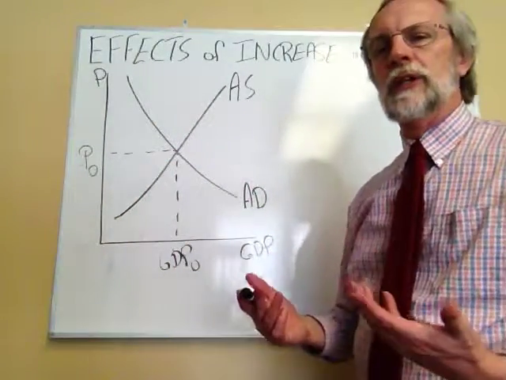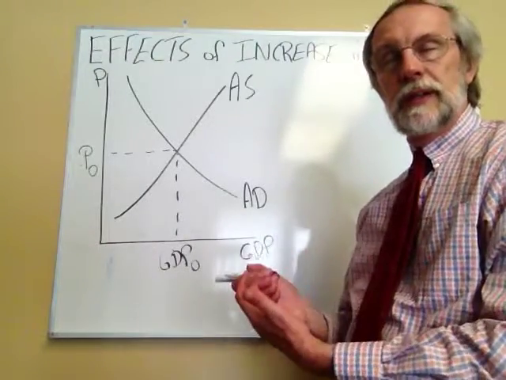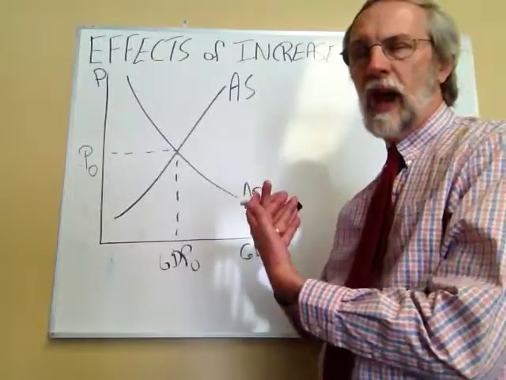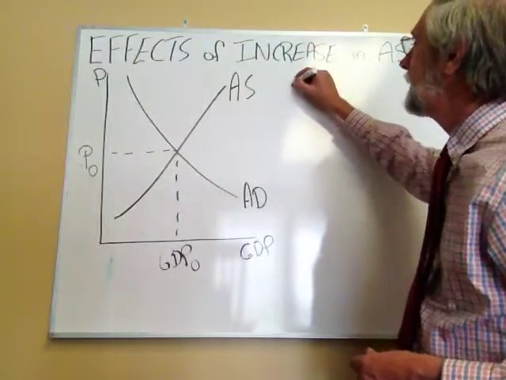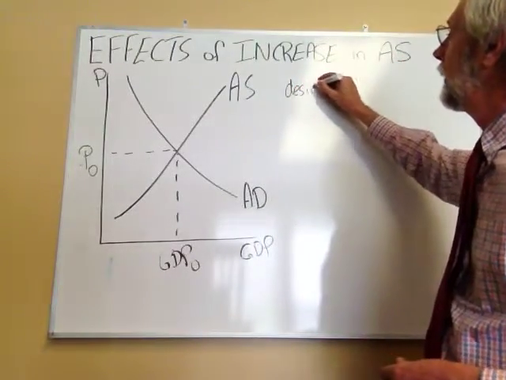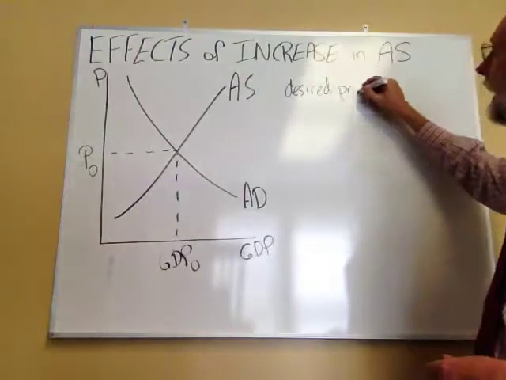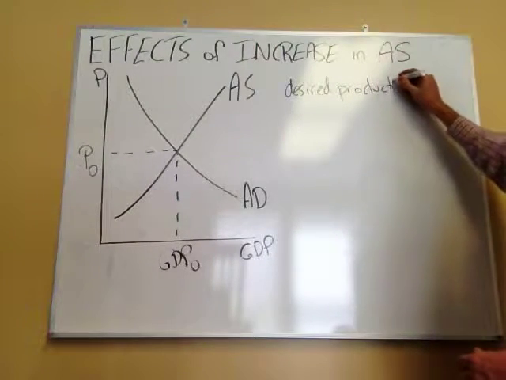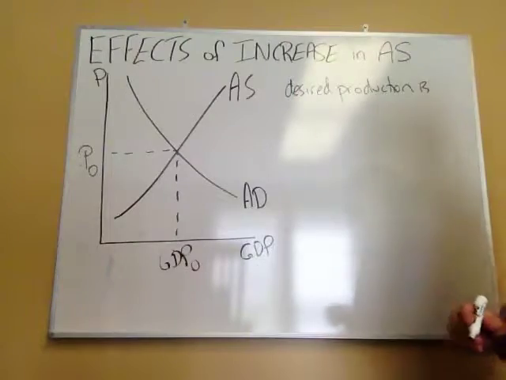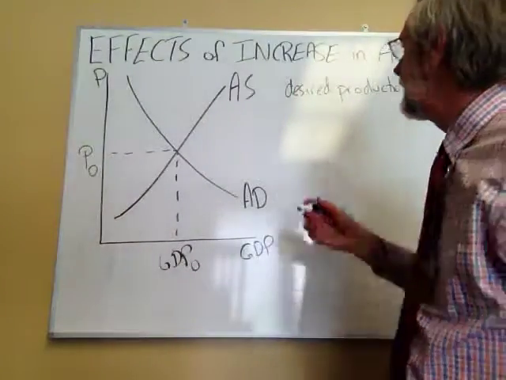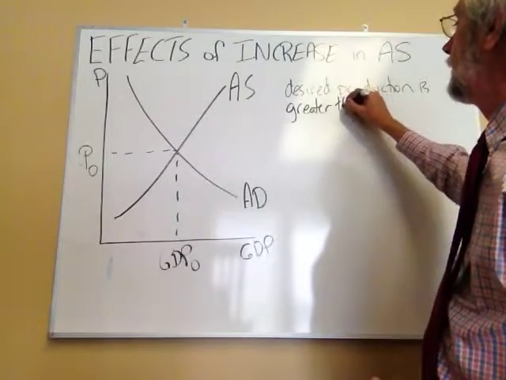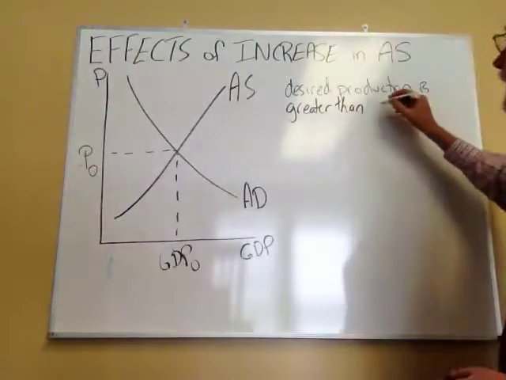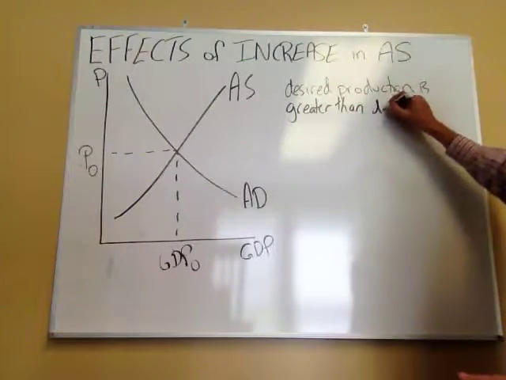So at the original price level, because it's easier to produce, the amount of desired production is now greater than the amount of desired spending. So the first thing we can note is that as a result of this improvement in technology, desired production is now greater than desired spending.